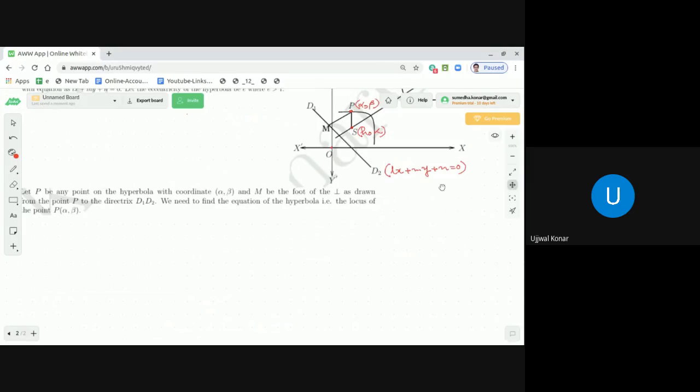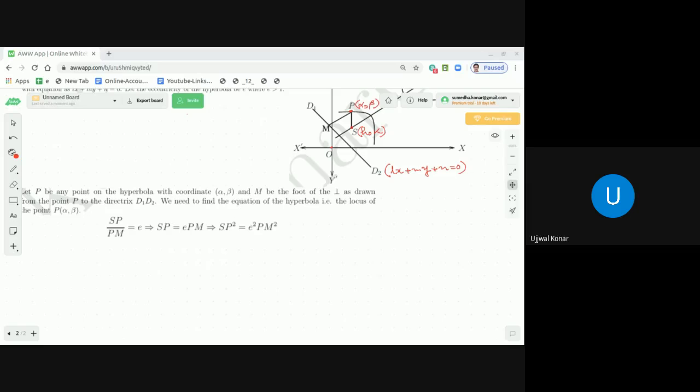To achieve this, first we know the relationship SP by PM equals E. Since E is the eccentricity, SP is equal to E into PM, and that means SP square is equal to E square into PM square.